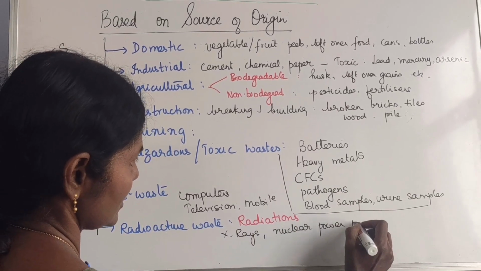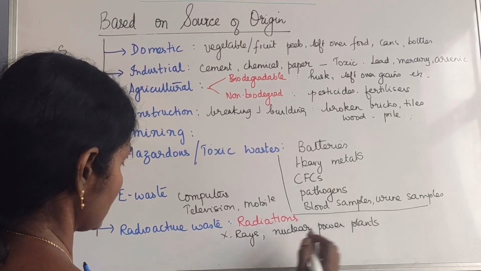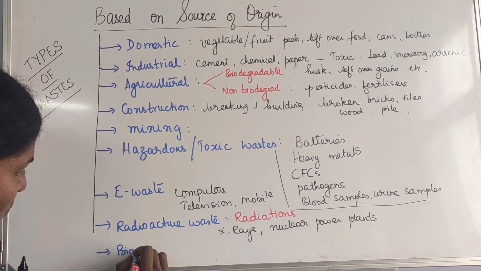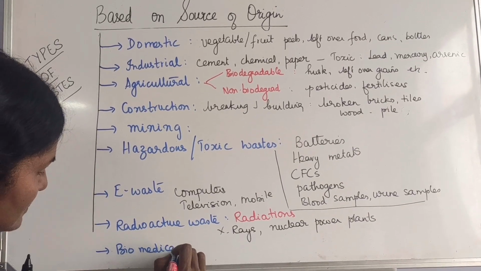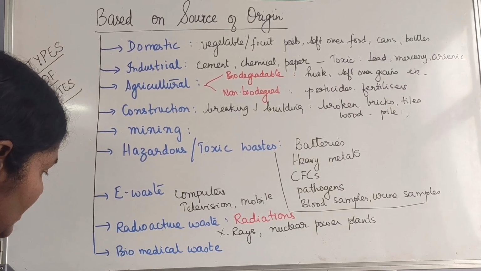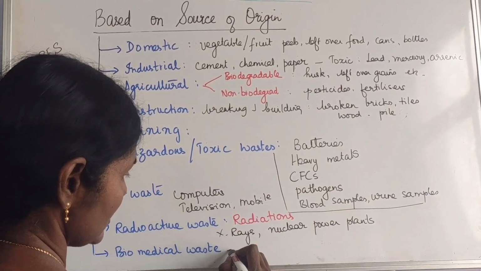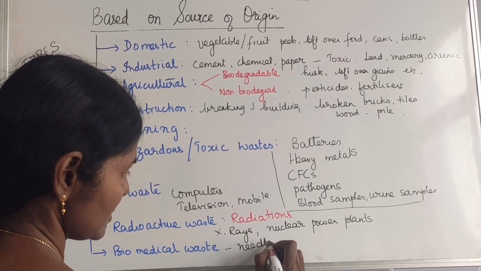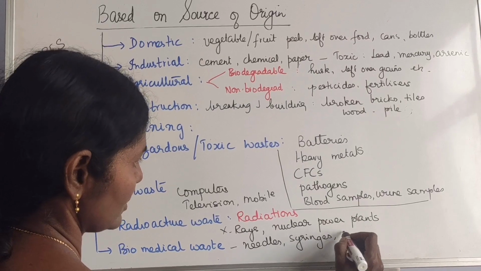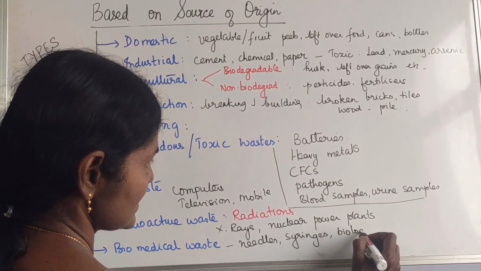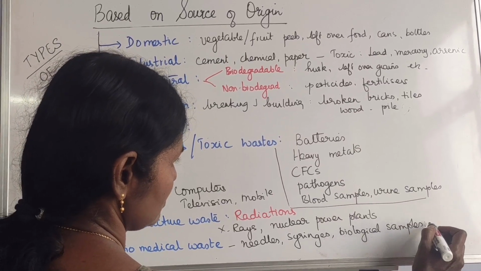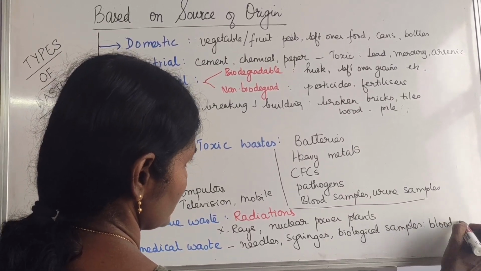These emit radiations which are very dangerous and can cause cancer. The last one is biomedical waste. This is a part or a type of hazardous waste, and in this we have not only the samples but we have needles, syringes which have to be taken care of, and also biological samples like blood, urine, etc.